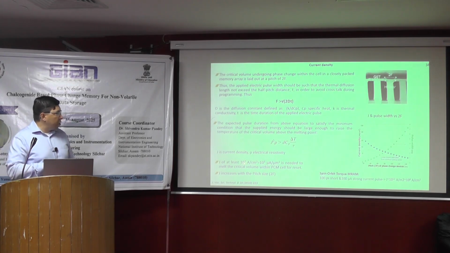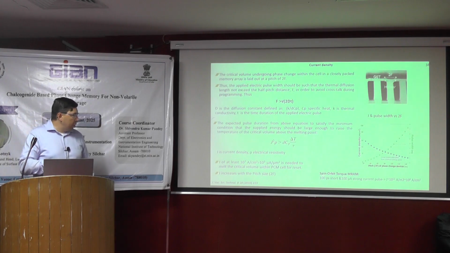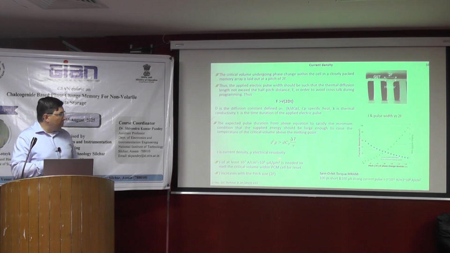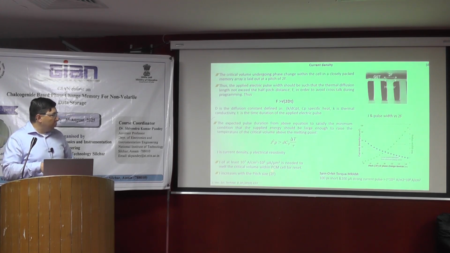It is in the range of 10 to the 7 amperes per square centimeter, or 10 to the 5 microamperes per square micrometer. And this is the current which is needed to melt the critical volume within the cell for reset.